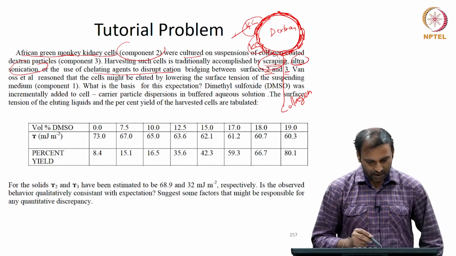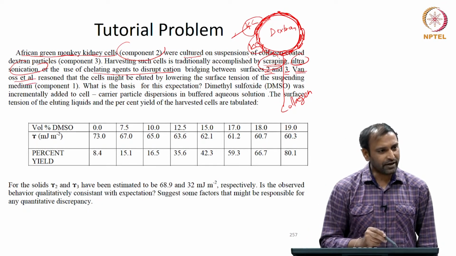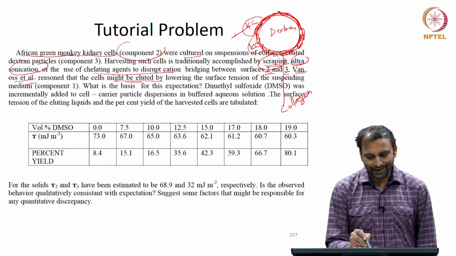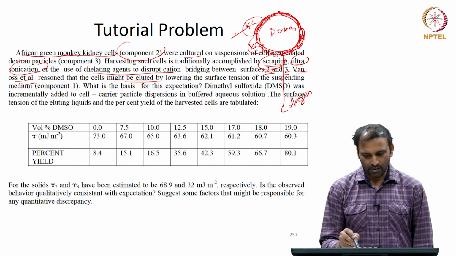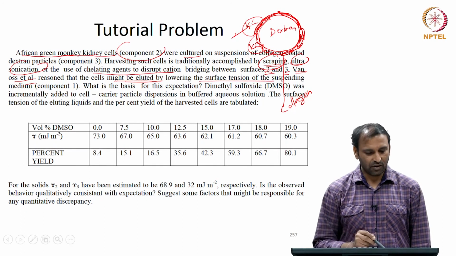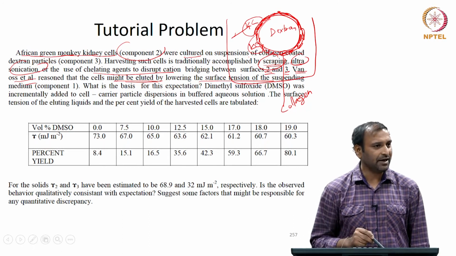Now there's a study in which they reasoned that cells might be eluted, that means cells can be taken off from the surface, by lowering the surface tension of the suspending medium 1. Whenever you do these things, you do it in a medium, right.